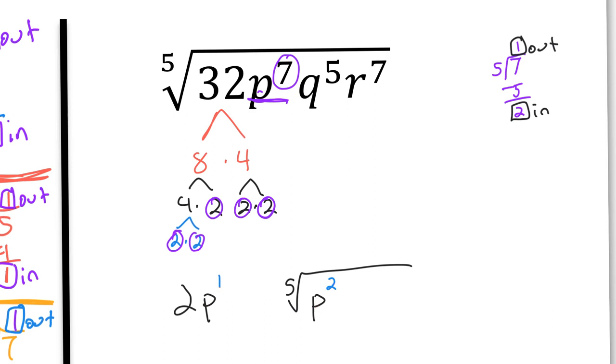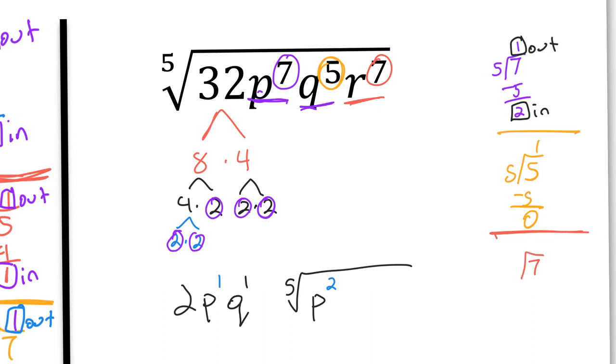And then you go to the q's. So q, the exponent is 5. So I take 5 divided by 5, so that's 1. So the remainder is 0. So that means you don't have q's inside, but you will have a q with the first power outside. And then you go to the r's. Exponent is 7.